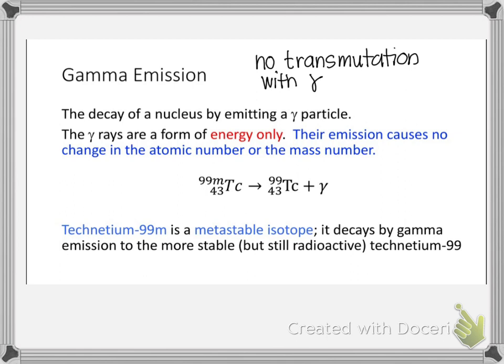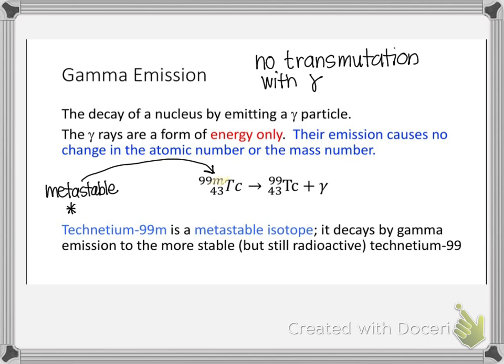Now, it's not uncommon, so the equation here is technetium, the Tc. This little m means metastable. Sometimes instead of m, they'll just use a little asterisk. And what it's telling you is that one has too much energy.